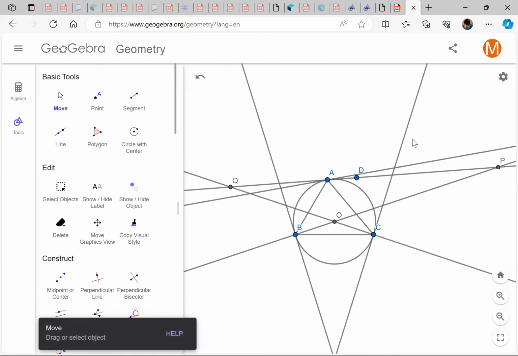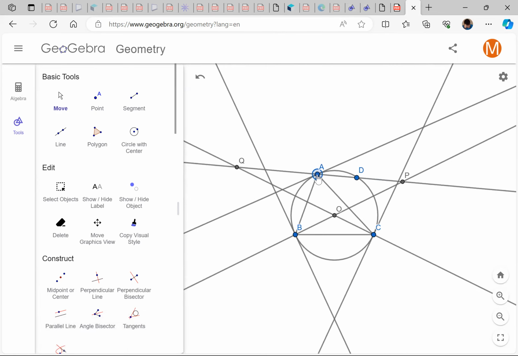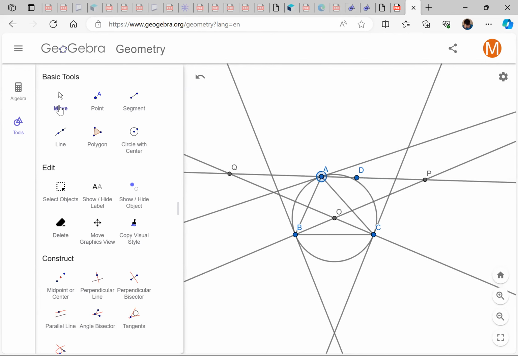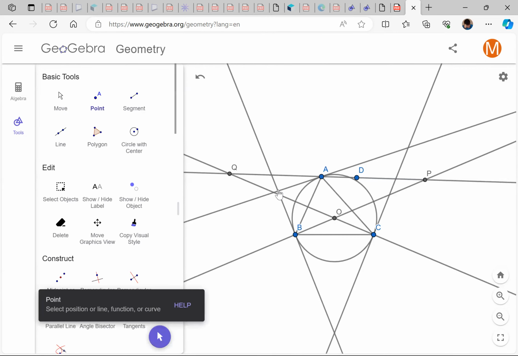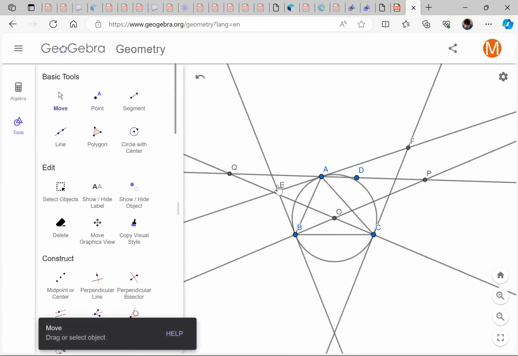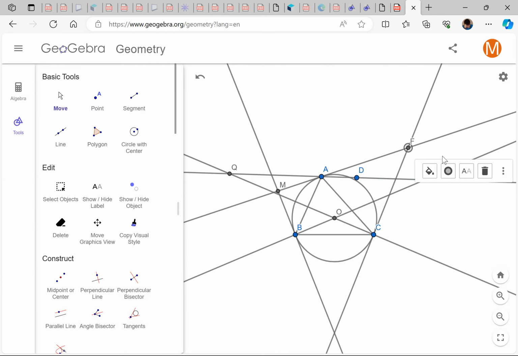Just move it around a bit. The bottom one, that's the tangent. Okay, there we go. So these two, and then I'll name them M and N. This one's N.